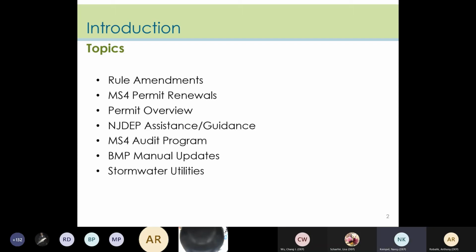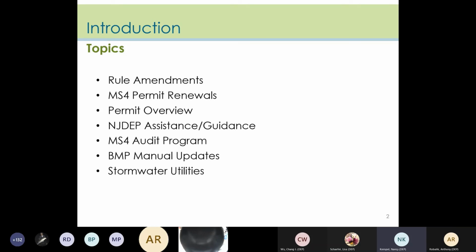We have rule amendments that have been ongoing for other parts of the stormwater management rules that are in process. We have the MS4 permit renewal that we are working on now for the Tier A and B, although the permit doesn't expire until the end of 2022. It's such a long process that we had to start rather early.